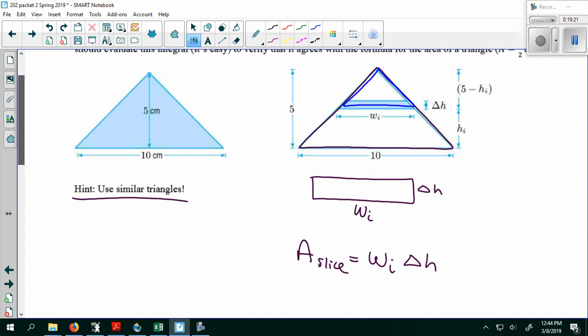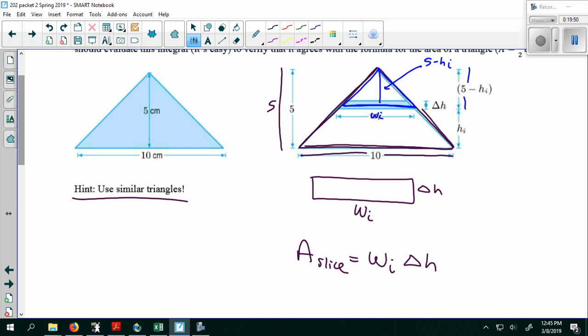Okay, so my blue little triangle, this distance is 5 minus h, I'm told. So that's 5 minus h_i, and its base is w_i. And then my big triangle that is similar to the little blue triangle has a height of 5, the height of the whole thing, and its base is 10.